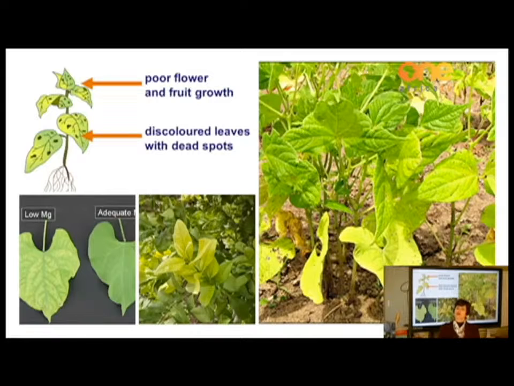I'm trying to tell you that plants are autotrophic feeders. Auto, self. They make their food themselves, but not only for themselves, for all the heterotrophs. They make the food.